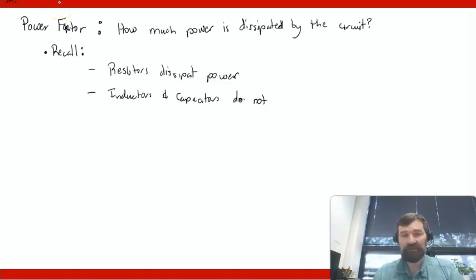The second thing to recall is that power dissipated by a resistor, generally speaking, is I times V, but we usually switch that over to I squared times R. So in the case of an RLC circuit, we might look at average power since we're looking at an AC signal.